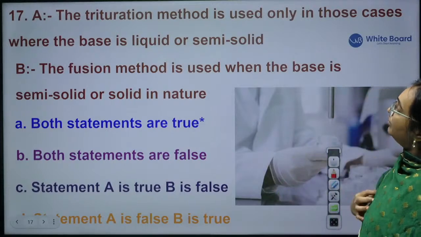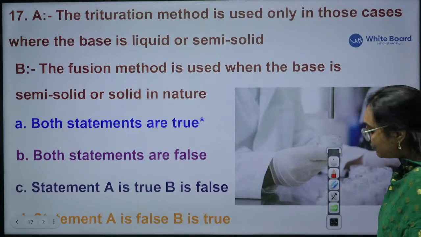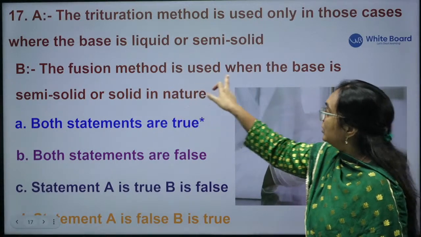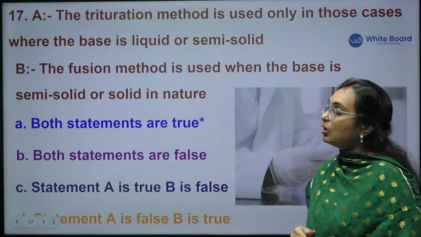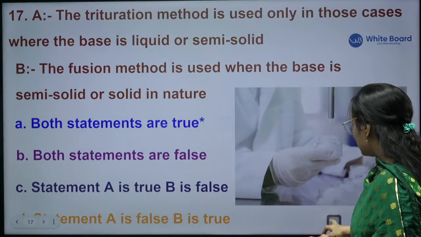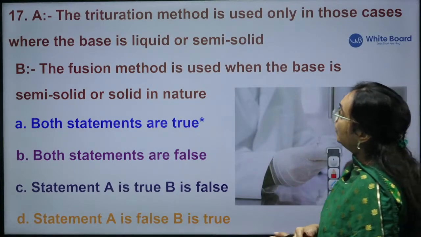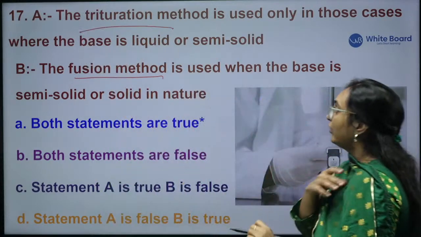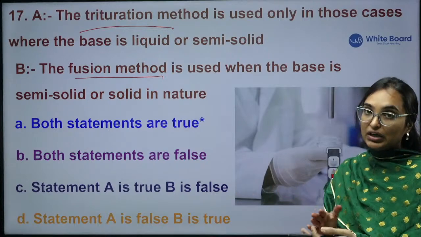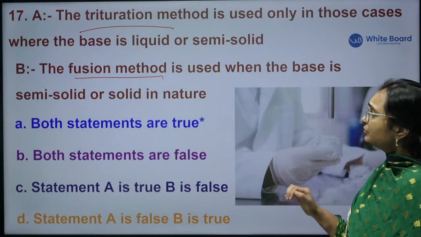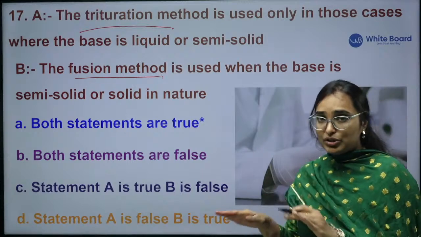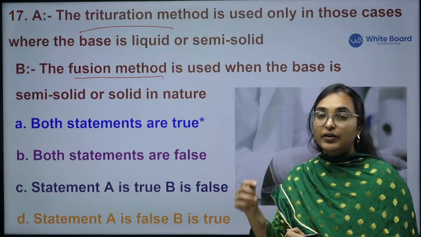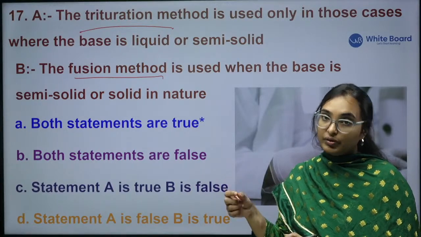The trituration method is used only in those cases where the base is liquid or semi-solid. The fusion method is used when the base is semi-solid or solid in nature. There are two concepts here: trituration method and fusion method. What is the trituration method? When the ingredients, the medicaments, are triturated, homogenized or made into small particles, they are mixed by adding a small amount of diluent or base.